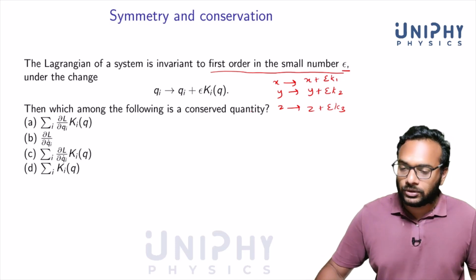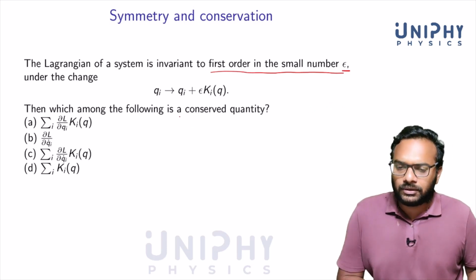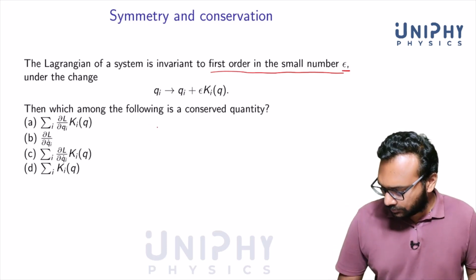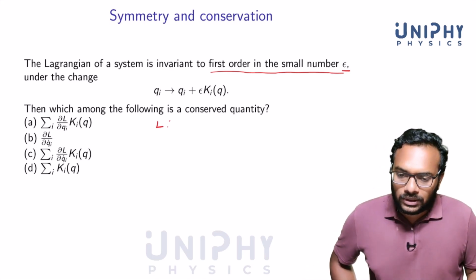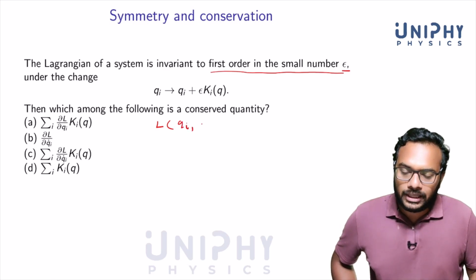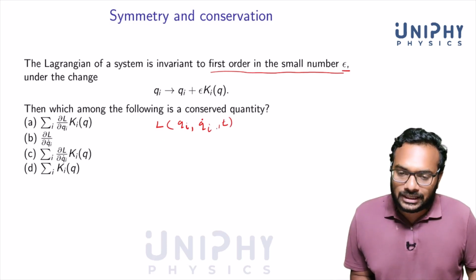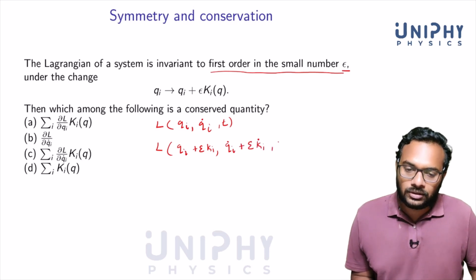So let's see how we can do this. How do we demand that the Lagrangian does not change up to first order? One way is to find the transformed Lagrangian. We write the old Lagrangian as L of qi, qi dot, and t generally. The transformed Lagrangian would be L of qi plus epsilon ki, qi dot plus epsilon ki dot, t.